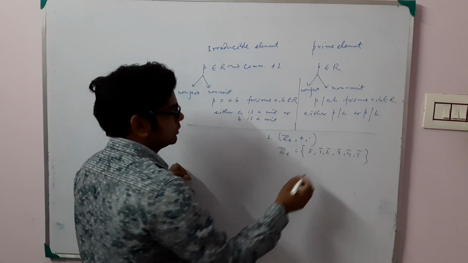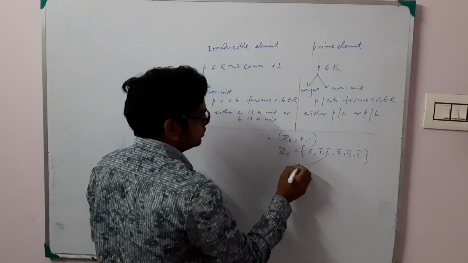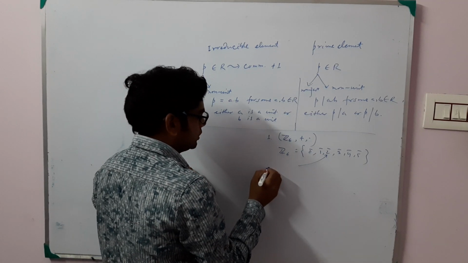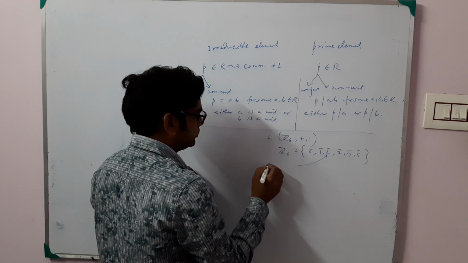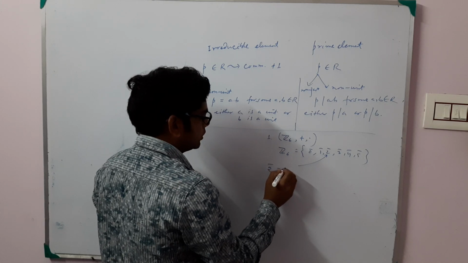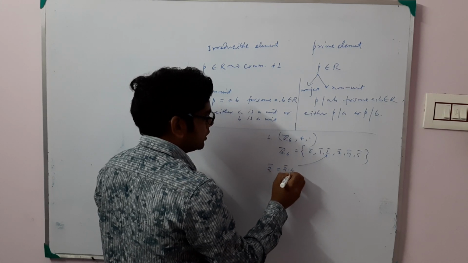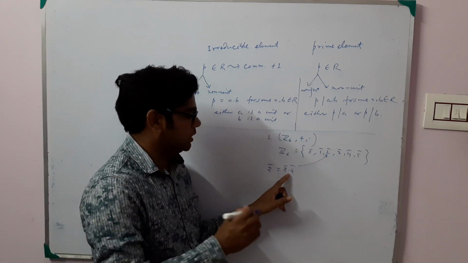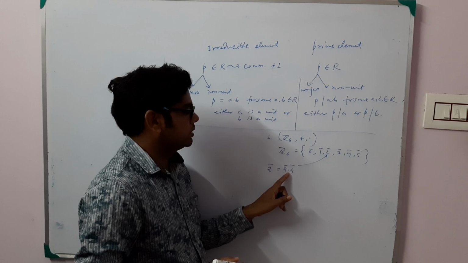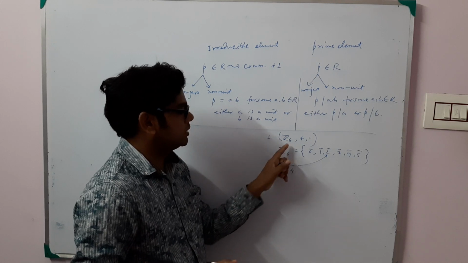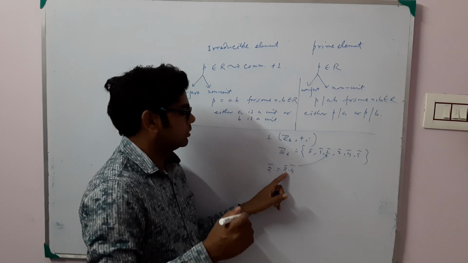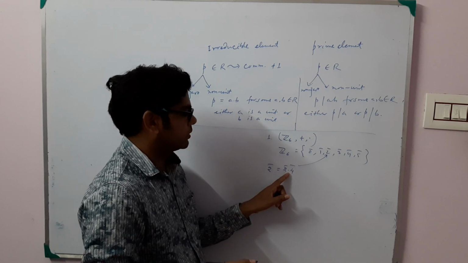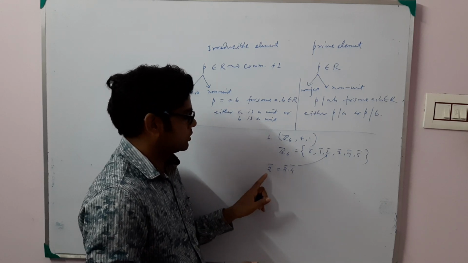Now we take class 2. So 2 can be written as class 2 times class 4, because it will give class 8, and when 8 is divided by 6, the remainder is 2. In that case it becomes class 2.